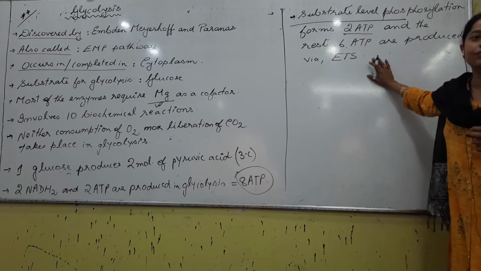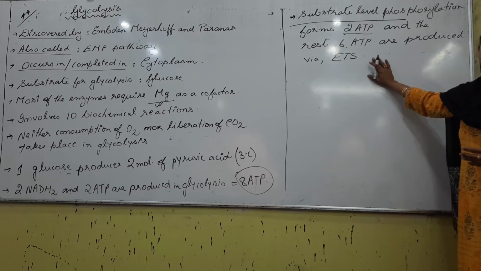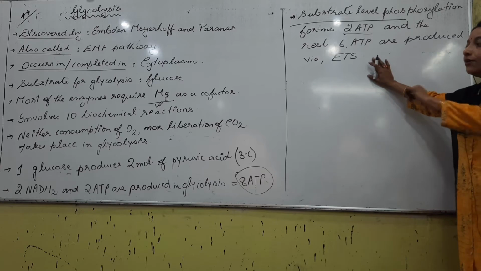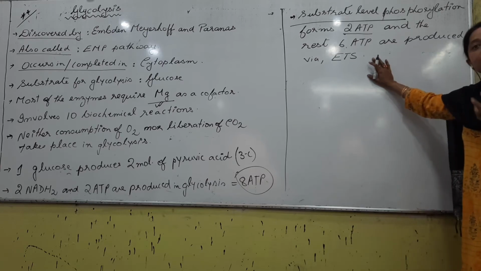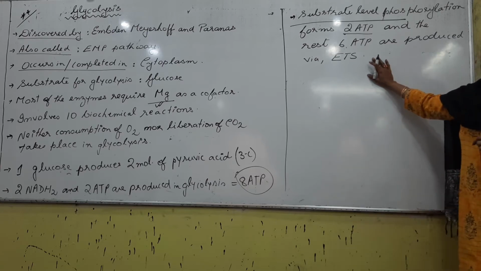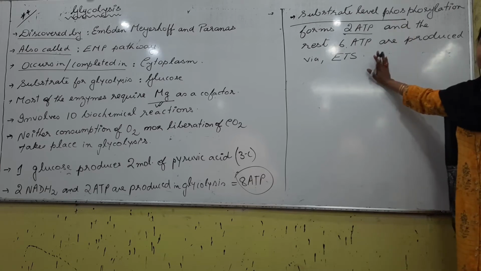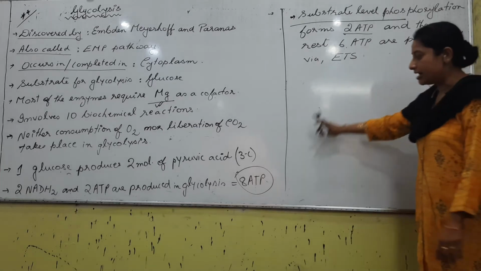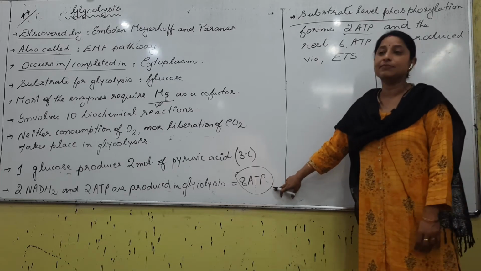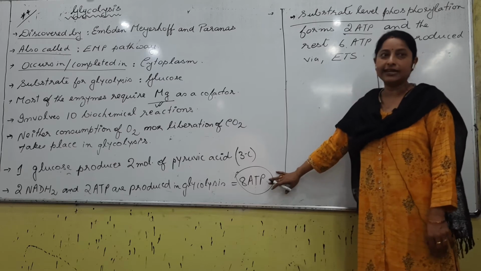What we are talking about is the third step of respiration, that is terminal oxidation. NADH2 is broken down, and electrons and protons play a role, which we'll study later. Substrate level is understood. A question can come as glycolysis ATP synthesis, then it is 8.